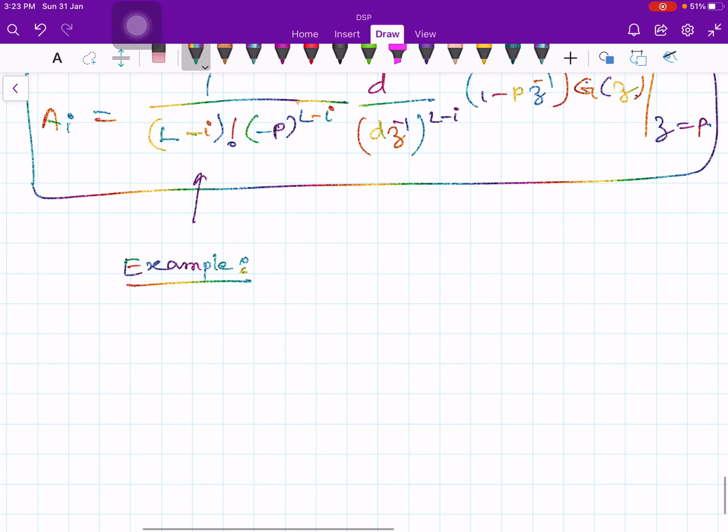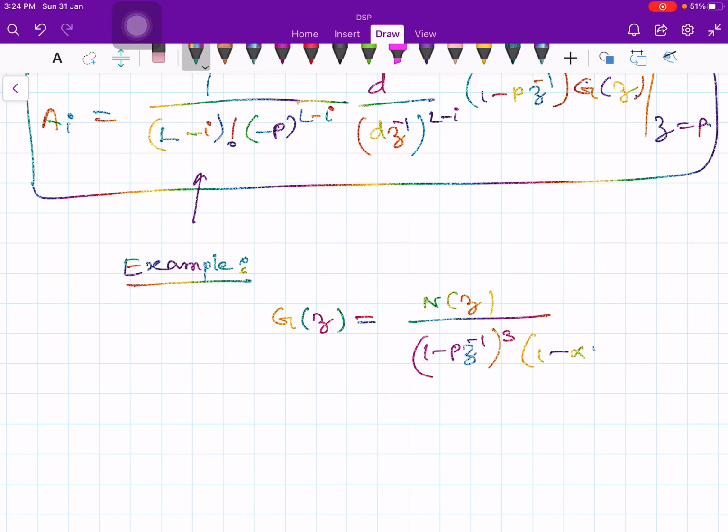So g of z is equal to the numerator polynomial n of z divided by 1 minus p times z inverse whole cube times 1 minus alpha z inverse. So here the pole is repeated 3 times, right? So assume that the numerator degree is less than 4.